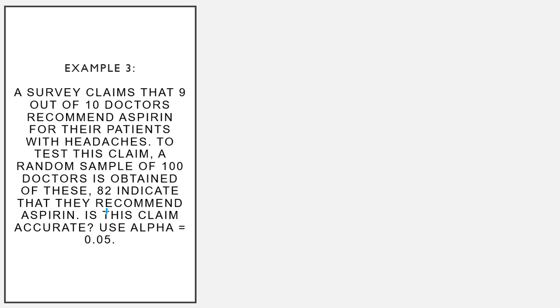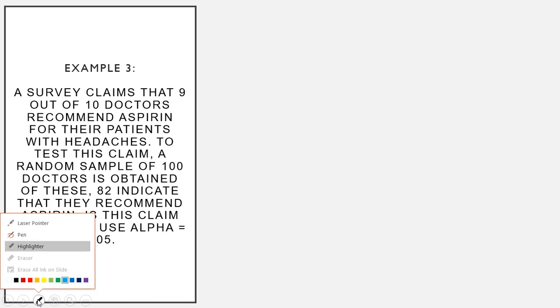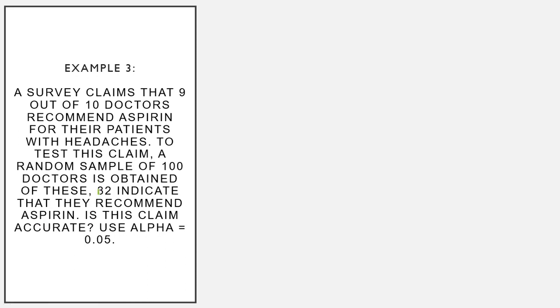So, a random sample of 100 doctors is obtained, and then 82 sa kanila yung nag-indicate na nire-recommend daw nilang aspirin. Okay, the question is, ito yung kailangan nating sagutin mamaya sa conclusion. Is this claim accurate? So yung kiniklaim ba daw natin dito sa example number 3 is accurate ba daw or tama? Using the alpha of 0.05.